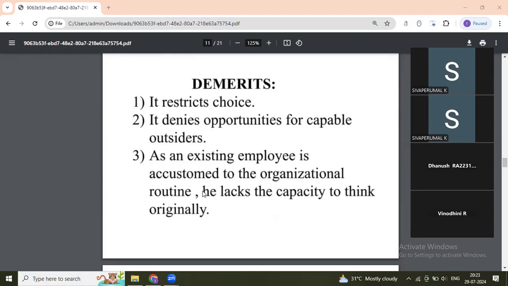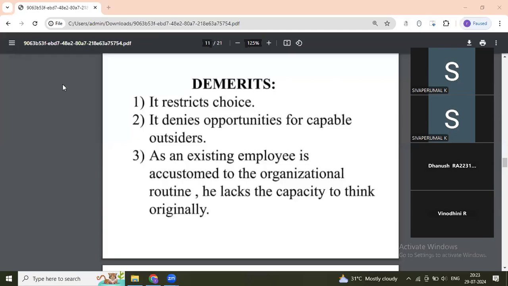Within the employees only, we will choose for the higher position. This is one of the main demerits. Whereas if you go for external recruitment, we will get persons with new ideas, more efficiency and more skills, comparatively. This is one of the main restrictions.